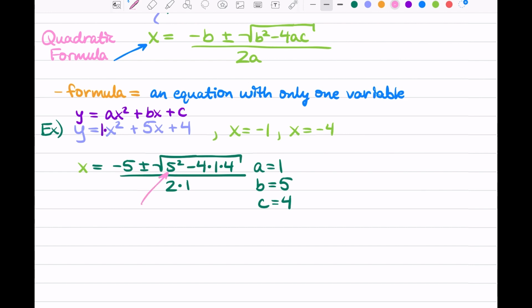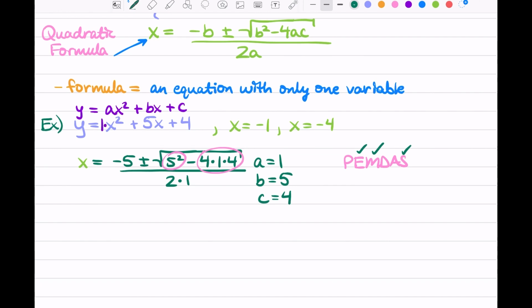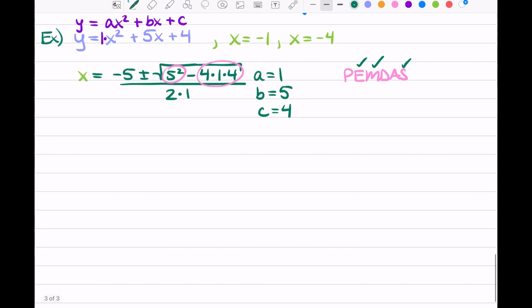There's a lot of operations going on, so how about we bring out our PEMDAS to help us out. We have 5 squared, so we have an exponent in there. We have a subtraction sign, and we have some multiplication. So our PEMDAS says we're going to focus on the exponents first, then the multiplication, and then we'll subtract those two pieces. So let's take this one step at a time.